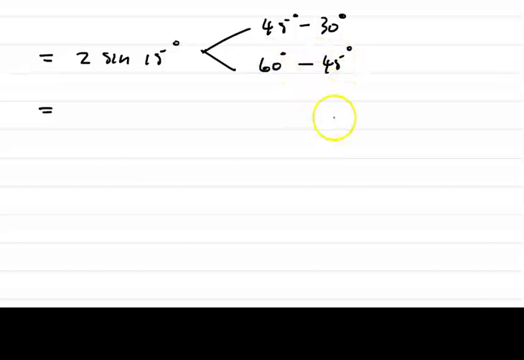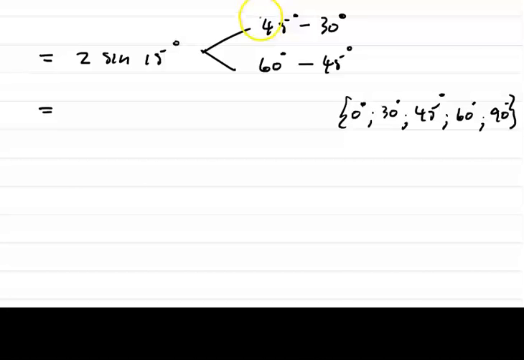Remember, our special angles are 0 degrees, 30 degrees, 45 degrees, 60 degrees, and 90 degrees. So therefore, we can choose any one of the following as our special angles, because both of them would equal 15 degrees. So 45 minus 30 or 60 minus 45 would be 15 degrees.